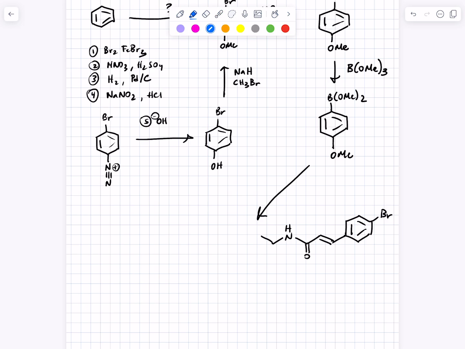But all you need to do is identify the carbon that's bonded to the bromine, and it needs to be sp2 hybridized, and then the carbon that's bonded to the boron, and then you're simply going to couple them together. So predicting the Suzuki product is easier than you might think as long as you remember what the Suzuki reaction is.